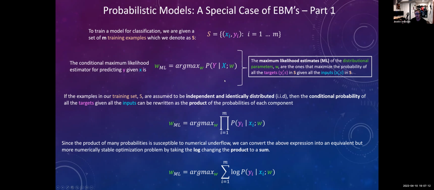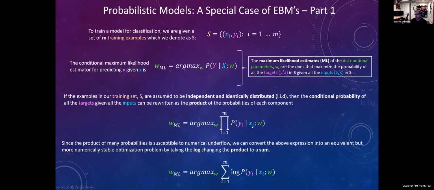And say, okay, well, how do we calculate that? So right off the bat, we have to make an assumption, and that's that all of our samples in our data set are IID. And if we make that assumption, then we can turn this calculation into the product of all the individual probabilities for the XI, YI pairs in the data set.